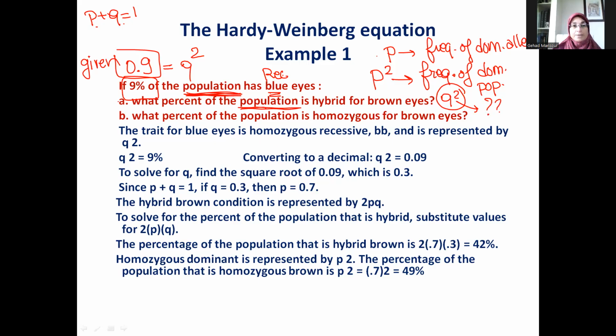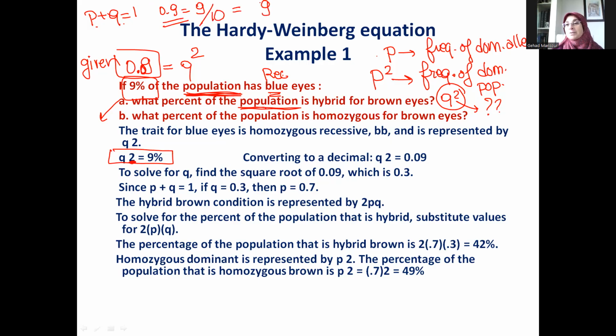Okay, so let's first solve A. So the trait for blue eyes is homozygous recessive, and therefore we deduced that Q squared, because we are talking about population, is 9%. So, sorry, 9% is not 0.9, 9% is 0.09. If I say 0.9, I'm so sorry, then this is 9 over 10.